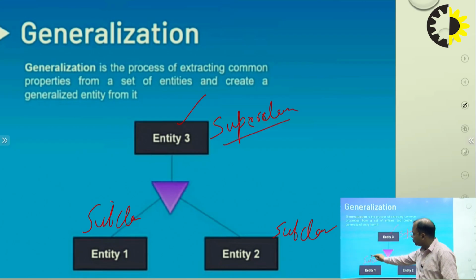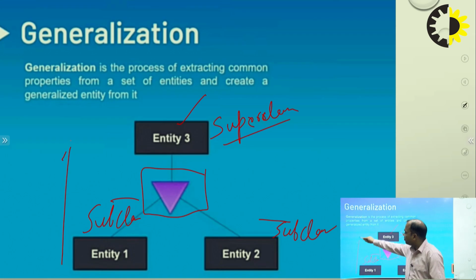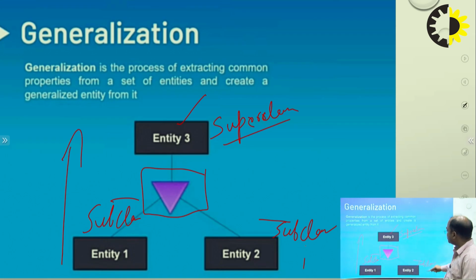These two subclasses are generalized. This is the symbol of generalization. Entity 1 and entity 2 are generalized to make entity 3 the superclass. It is a bottom-up approach: we start from the lower level and go to the upper level.